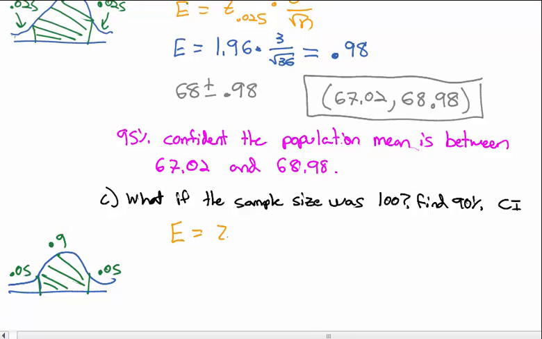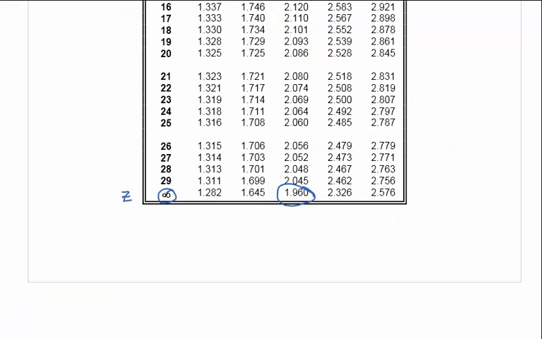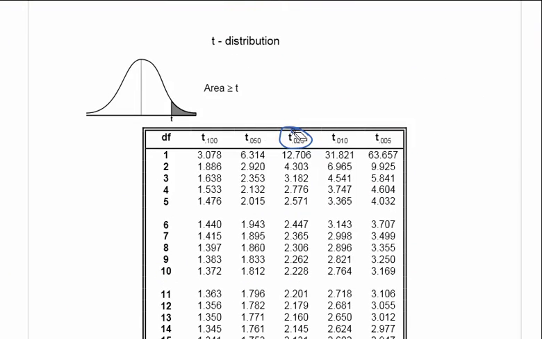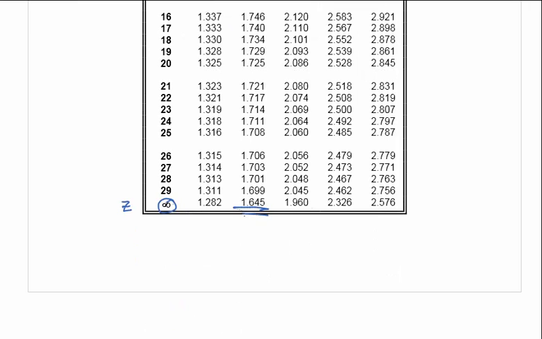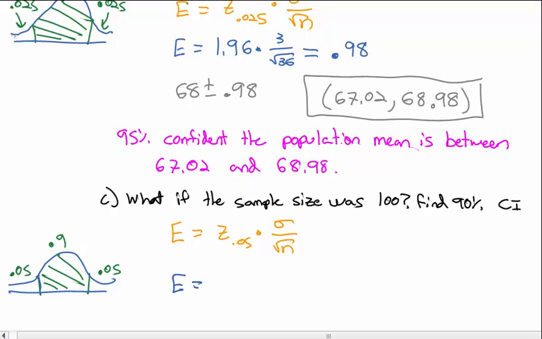So the error is z 0.05 times the standard deviation divided by the square root of n. So we want a z with 0.05 in each tail. We saw that before. 0.05 is the second column. 0.05 in each tail is 1.645.